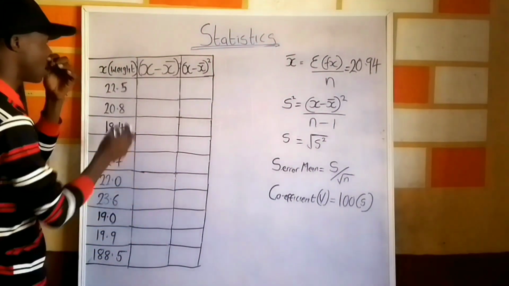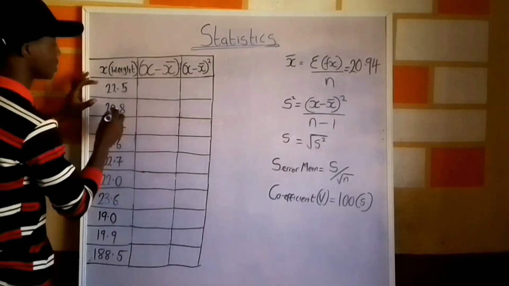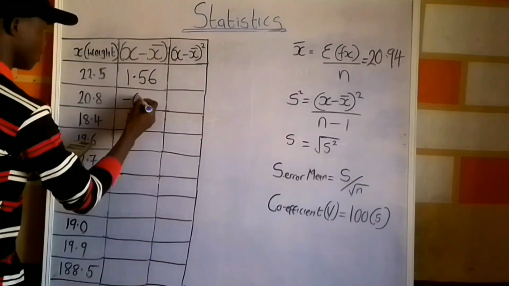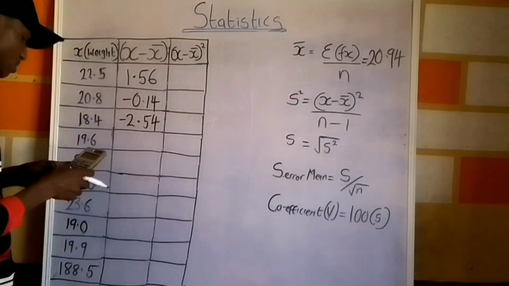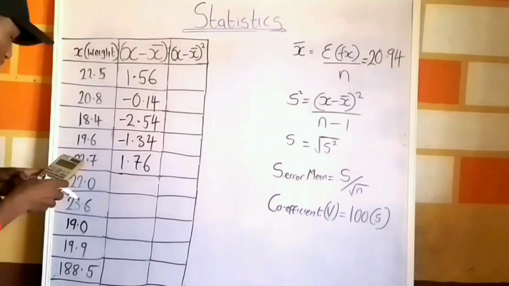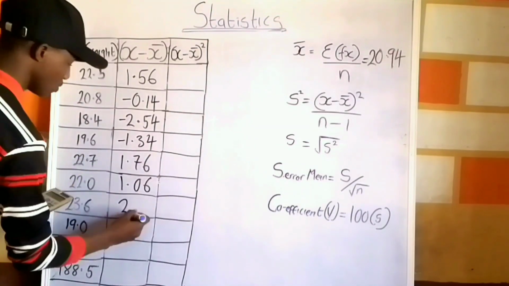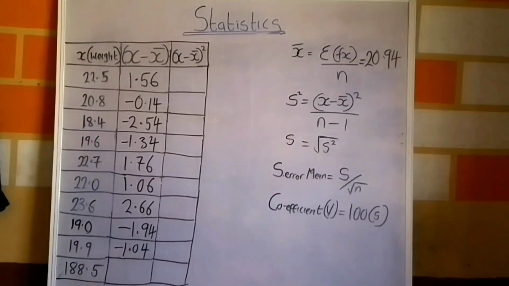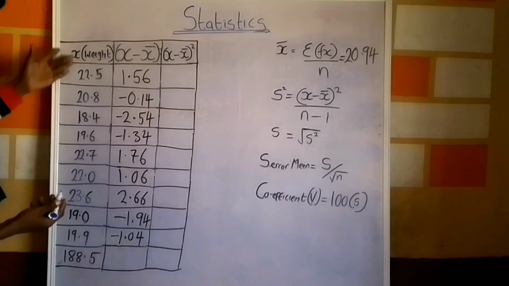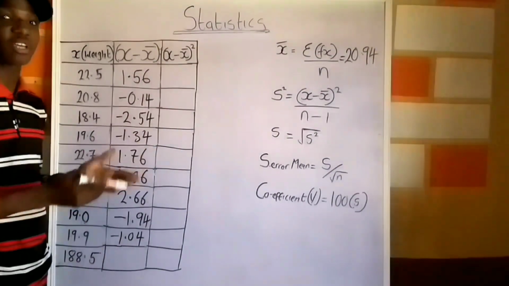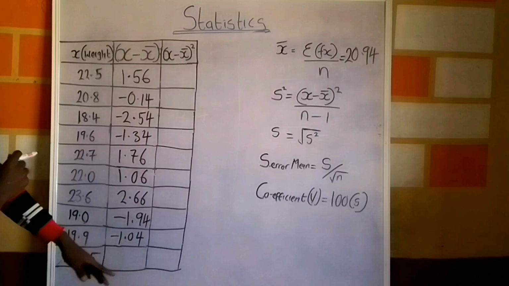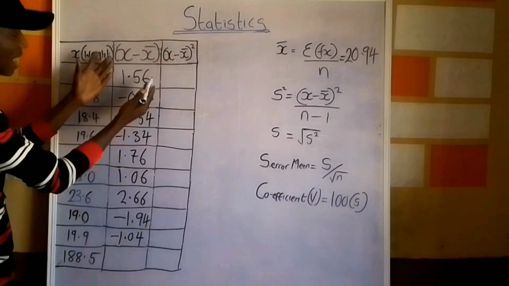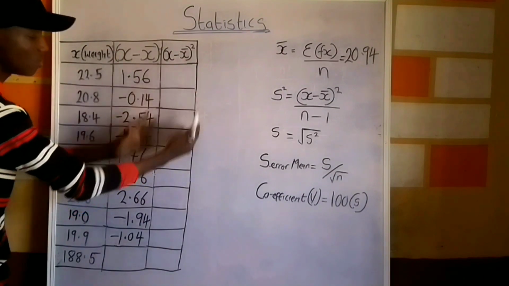Therefore, for these cells, I'm going to have 22.5 minus 20.94. So after subtracting the body weight, which is x, from the mean, which is 20.94, I get the values for this column. Now the next column is x minus x bar squared. Therefore, I'm going to square all these values and get the values for this column.